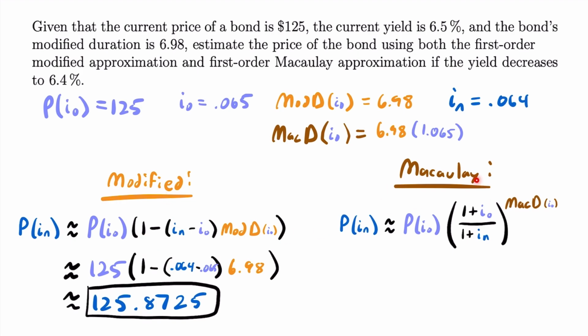Okay, that is our estimated price using the modified approximation. Now let's move on to our Macaulay approximation. Let's plug in all the information we know. The new price will be approximately equal to the original price of 125 multiplied by 1 plus the original interest rate, which is 0.065. So we will have 1.065 divided by 1 plus the new interest rate, which is 0.064. So we're dividing by 1.064, and then that will be taken to the power of the Macaulay duration at the original interest rate, which we have right here.